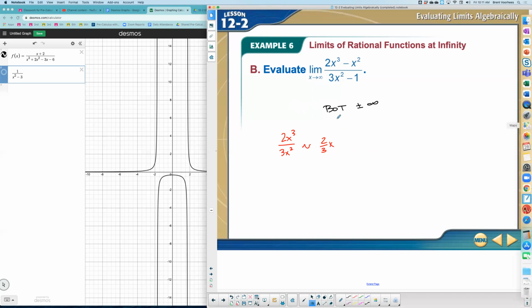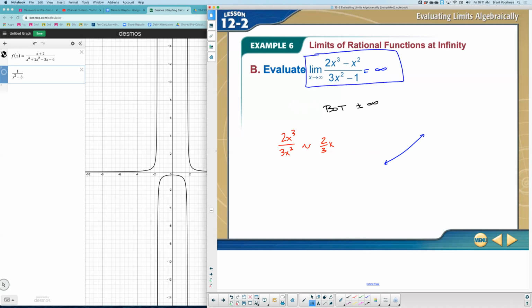Now this function, if you plug in positive infinity, is going to look like a line. And if you think of a line, and we want to know what's happening as we go right, the value is going to increase to positive infinity. So I'm going to estimate that this increases to positive infinity, but let's see it as a graph.